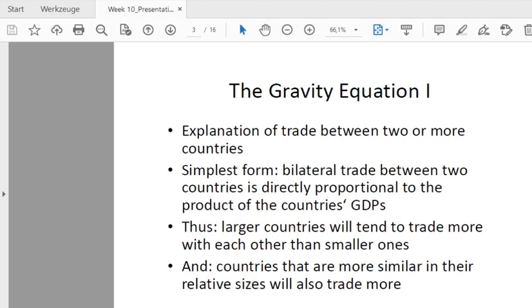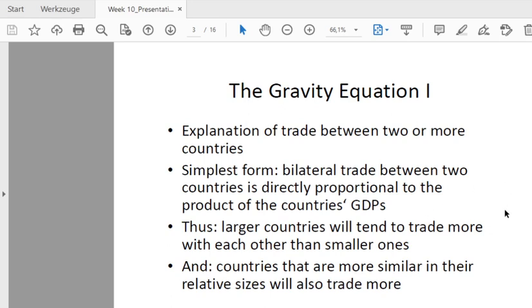The gravity equation explains the trade between two or more countries. In its simplest form, it relates to the bilateral trade between two countries, and the hypothesis of this equation is that bilateral trade is directly proportional to the product of the countries' GDPs.